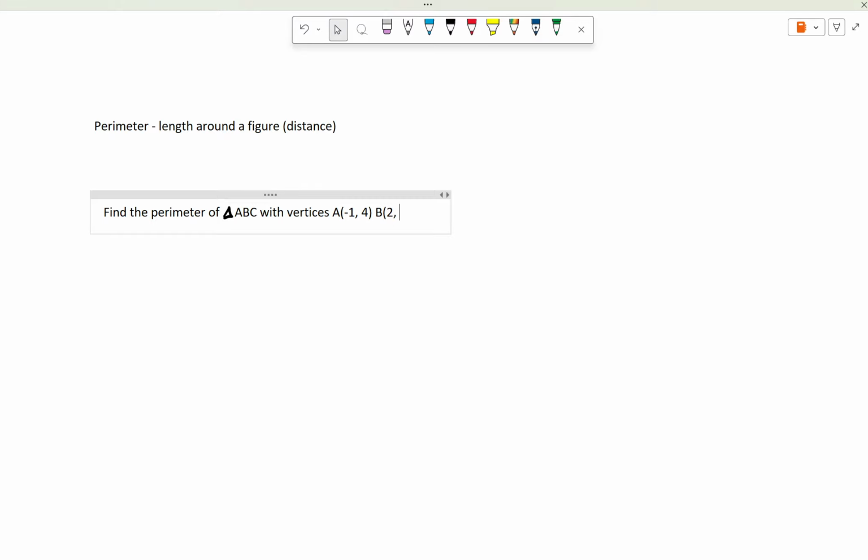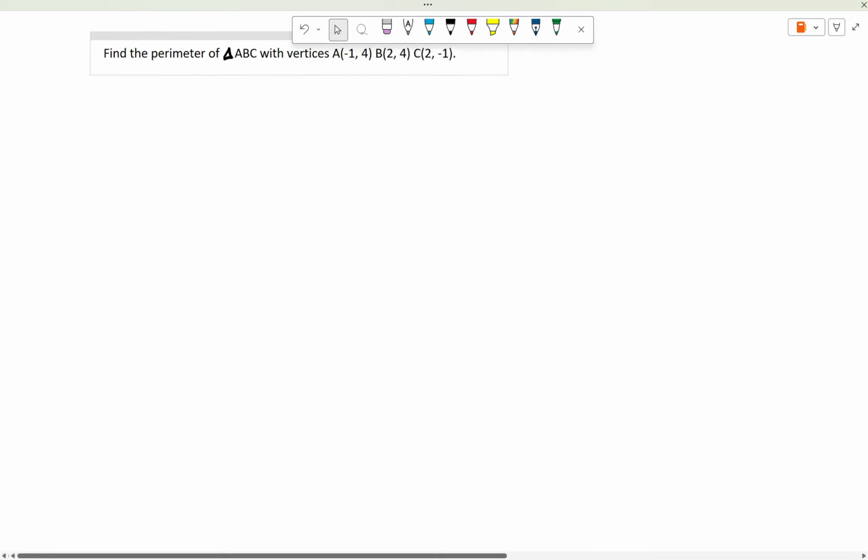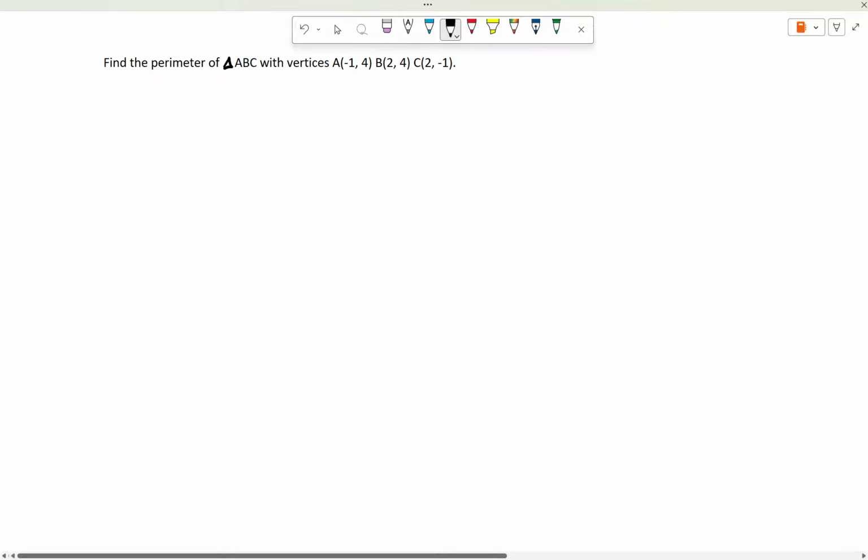A is -1, 4, B is 2, 4, C is 2, -1. All right. And let's do it. Do not graph, because it's going to be irrelevant. It wouldn't help you if you did. All right, and you're going to see why very quickly.